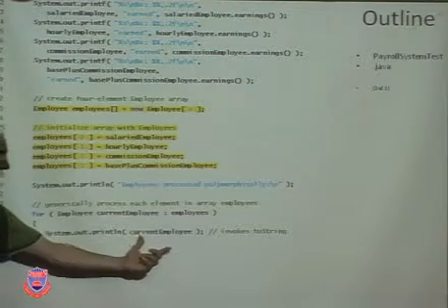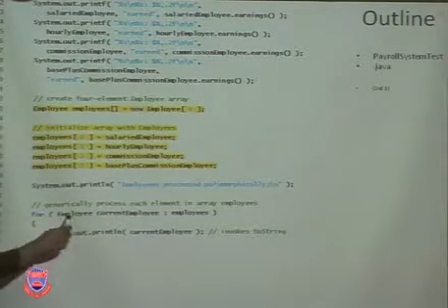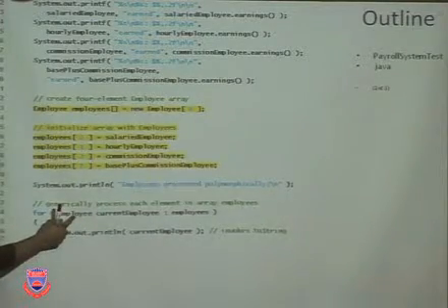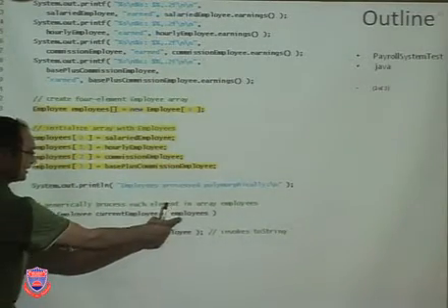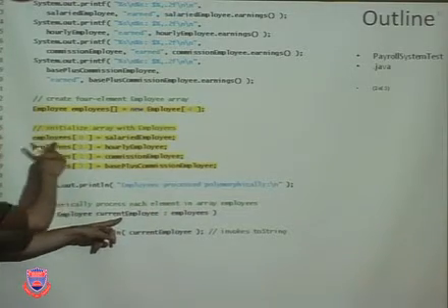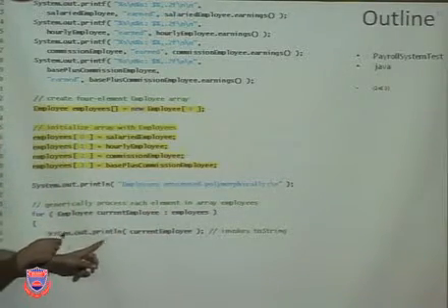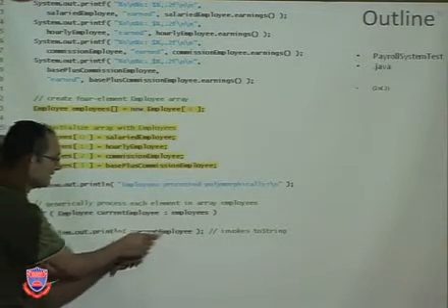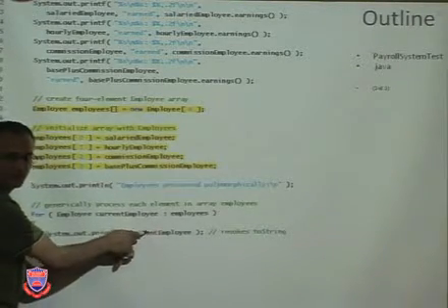So whenever I call current employee, it's an iterator on the employee objects, right? Current employee is a type of employee, and it iterates on the employees array, which has 4 elements here, and whenever I call system out println, it's going to call the toString method of each current employee.